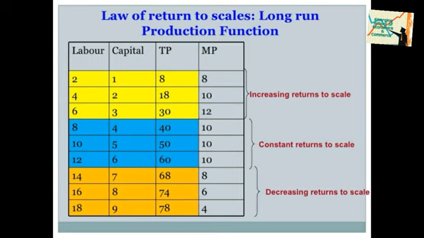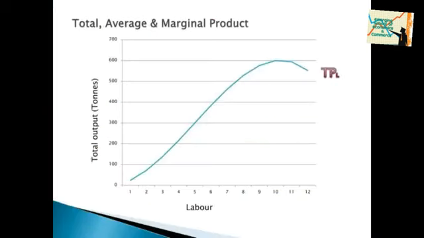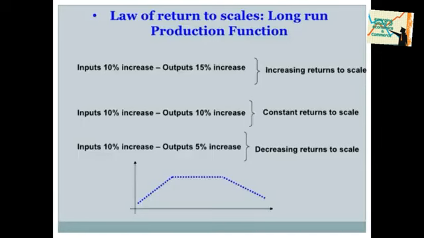It shows constant returns to scale. After applying 12 units of labor, TP also increases, but MP falls. It shows diminishing returns to scale. So it means that when we apply more labor and capital, MP falls and becomes negative.